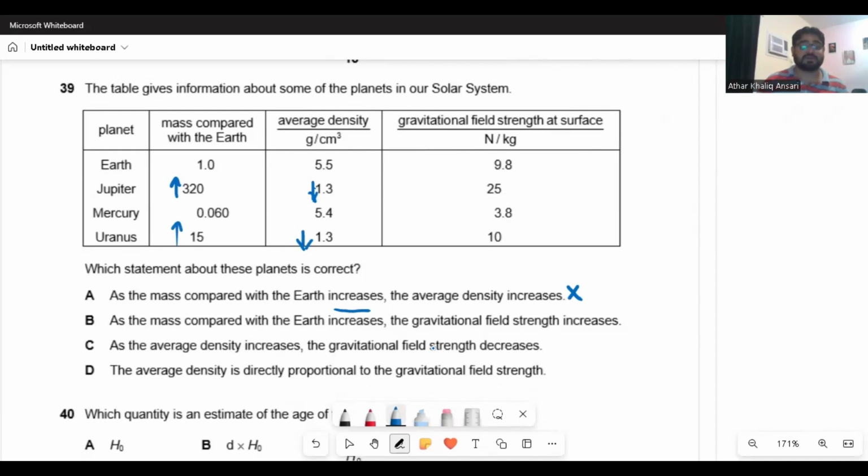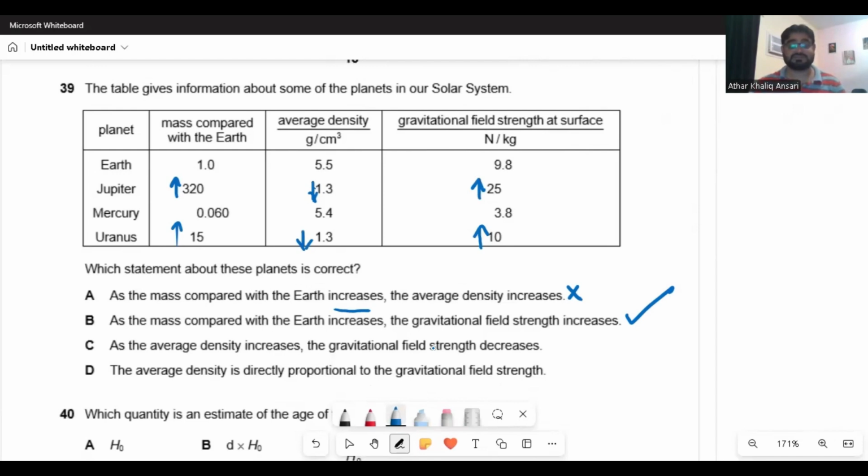As the mass compared to the Earth increases, like Jupiter and Uranus both increase the mass, the gravitational field strength increases. So mass of Jupiter is more, gravitational field strength, yes, it is more. For Uranus also, gravitational field strength is more. So it seems to be correct. Next, the average density increases, the gravitational field strength decreases.